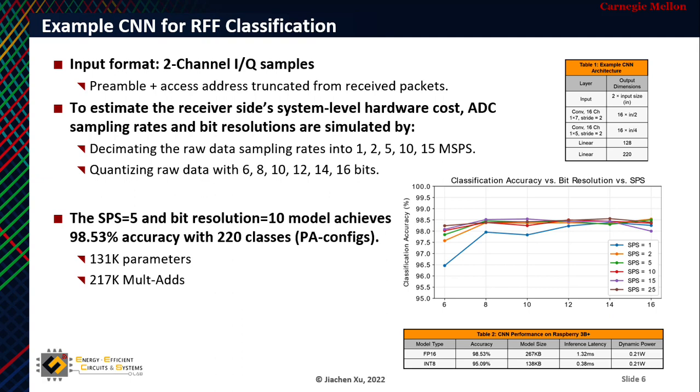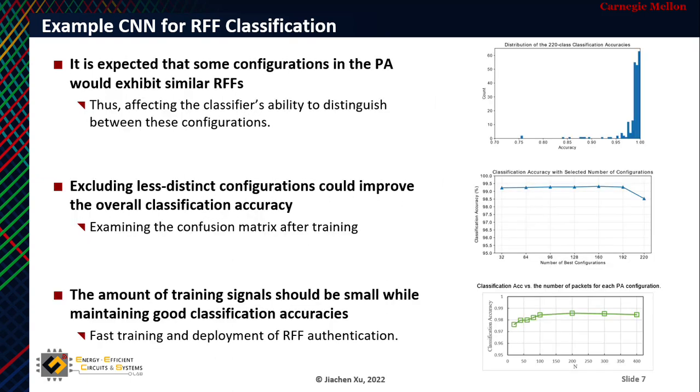We found that with the samples per symbol equal to 5 and bit resolution equal to 10, it already gives a very good classification result of over 98% accuracy to classify the 220 configurations. Also, it is expected that some configurations in the power amplifier would exhibit similar RF fingerprints. Therefore, we can actually drop some of the configurations to improve the overall system classification accuracy.